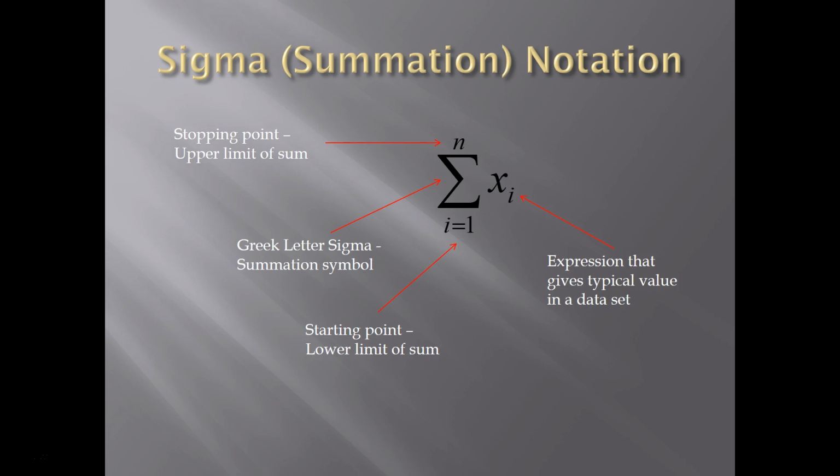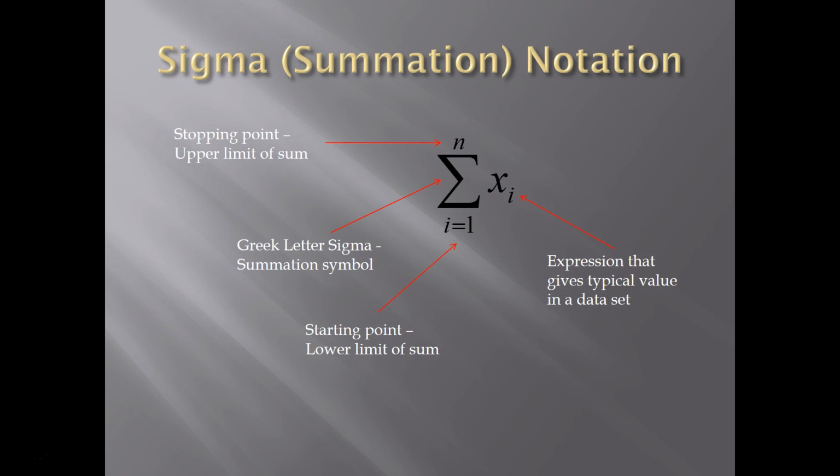Mathematicians don't like to write. We don't like to write a bunch of words and sentences unless we absolutely have to. So for a long time now, instead of writing find the sum of the middle 4 numbers, mathematicians just write something like what you see there in black in the middle of the screen.